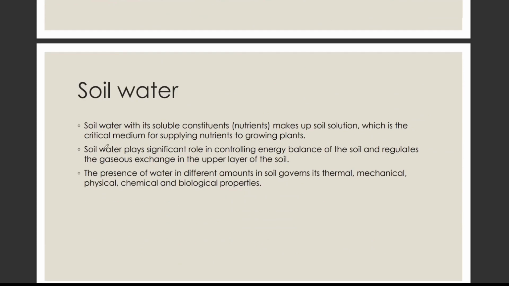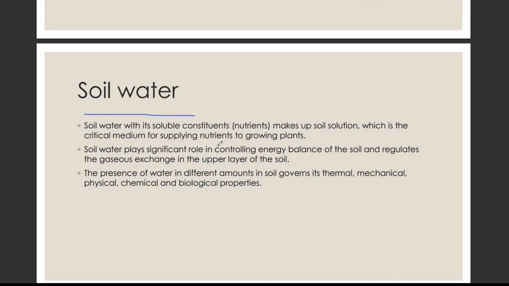After that we have the soil water. Soil water with its soluble constituents makes up the soil solution, which is the critical medium for supplying nutrients to growing plants. Mainly the nutrients are taken by the plant through the roots, and roots absorb the water, and the soluble constituents or nutrients are taken from the soil to the plants.